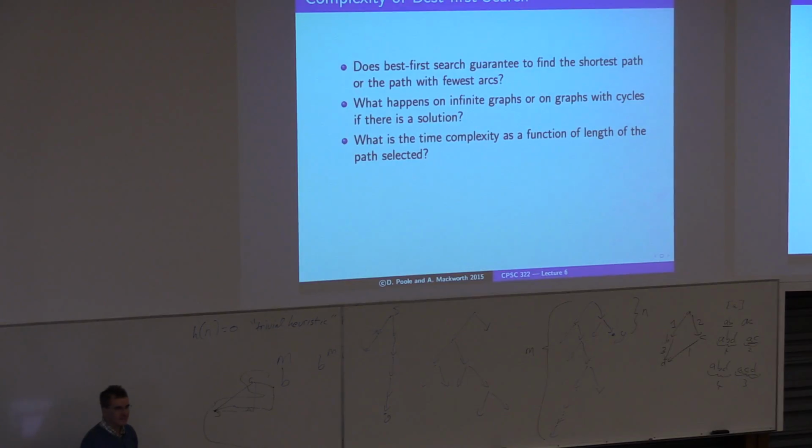What's the time complexity as a function of the length of the path selected? As the path goes on and on, for the cycle, it goes on and on.